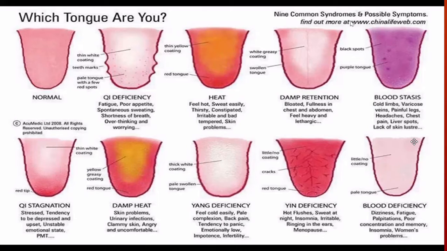Don't worry, my exams and quizzes will be based only on the PowerPoint. I think this which tongue are you is good to have on your cellphone as a quick reference.